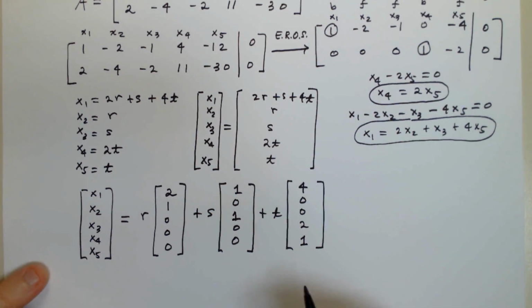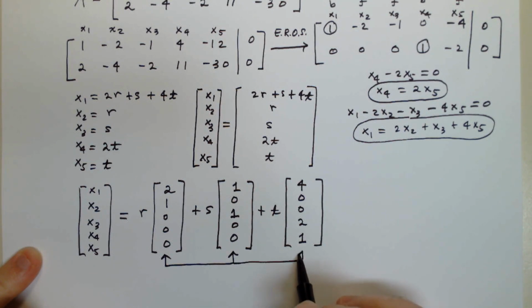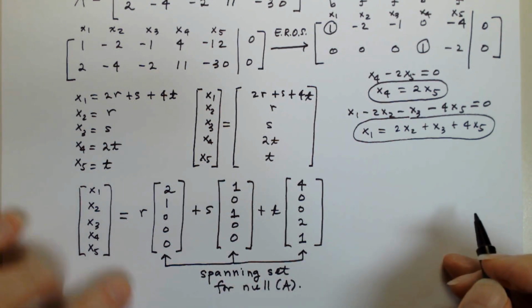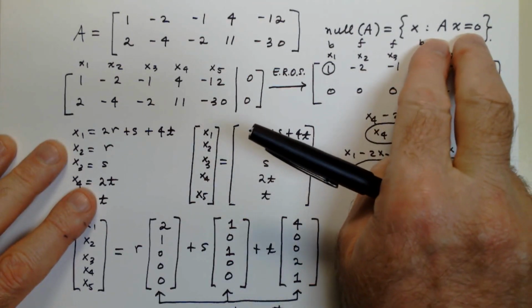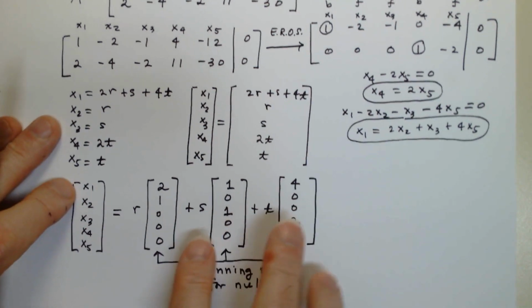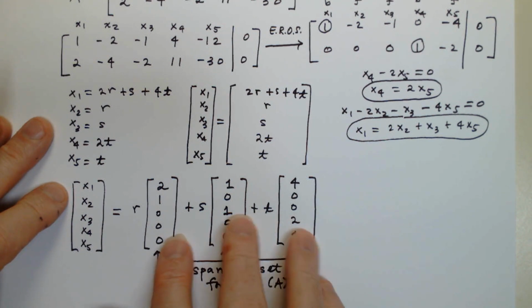Okay, now already we've shown that these three vectors are a spanning set for the null space of A. In other words, anything that satisfies the homogeneous system, think of that as this vector x, can be written as a linear combination of these three vectors. So we've already got a spanning set.